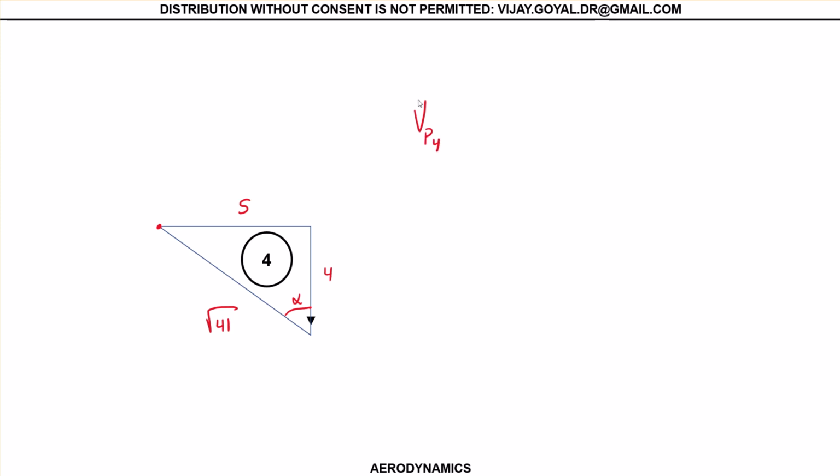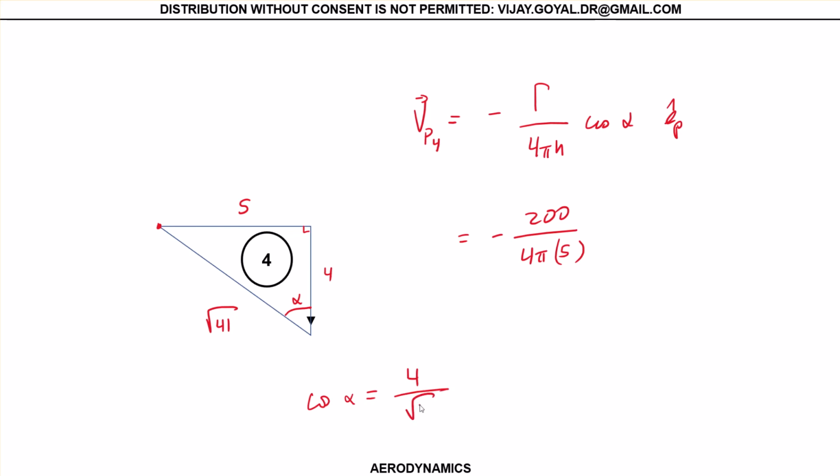And then from the equations I just showed you at the beginning, this gives you 4 pi cosine of alpha EP, and this will be minus 200, 4 pi. The perpendicular distance from here to here is 5. Cosine of alpha will be 4 over square root of 41.